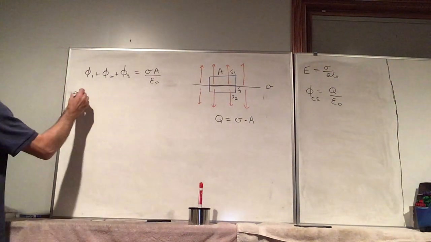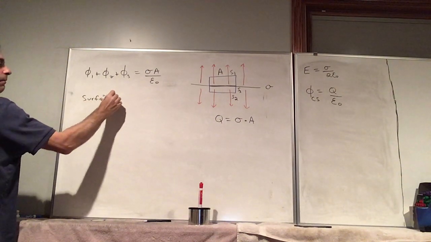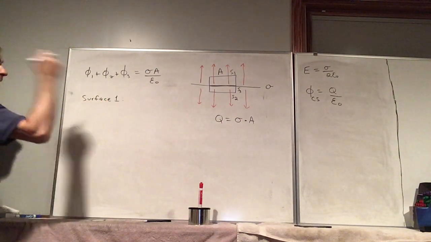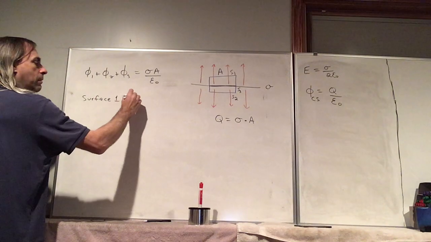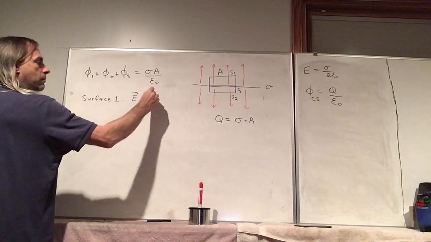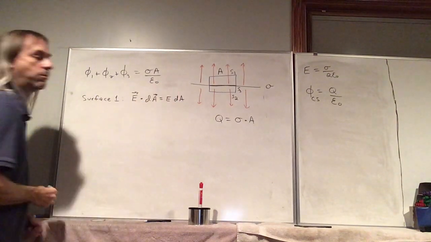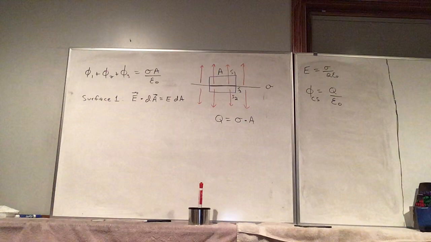So for surface 1, we can say that E dot dA is E dA without the vector signs. So we don't have to worry about the direction between the electric field and the normal vector.